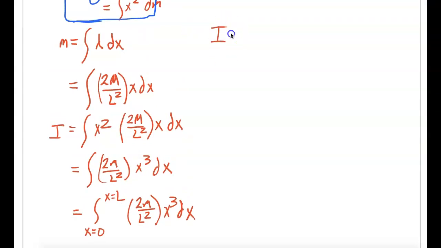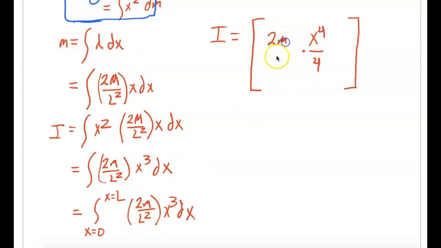So I is equal to, if I do the integration, I'm going to put brackets around what it is that I end up with. If I have x cubed, I add 1 and then I divide by that number. So on this side I have x to the 4th divided by 4, and I'm going to multiply that by the 2m over L squared, which I didn't have to do anything to, since that's the constant.